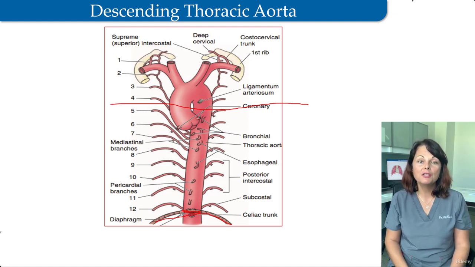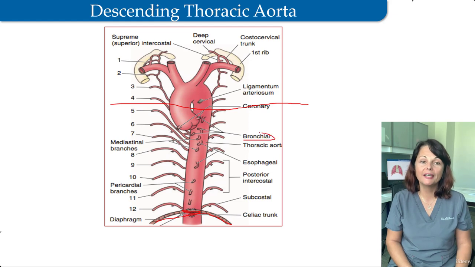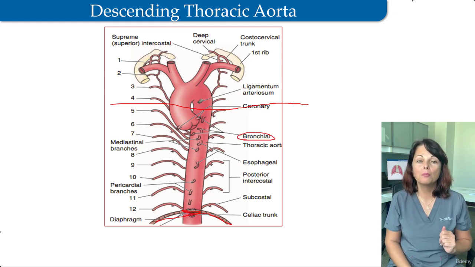The thoracic aorta gives off several paired branches to the thoracic wall and viscera. In descending order, these include the bronchial arteries. Those supply the bronchial tree and do not participate in the pulmonary circulation, remember.